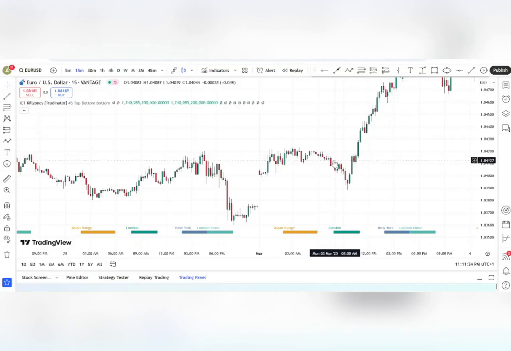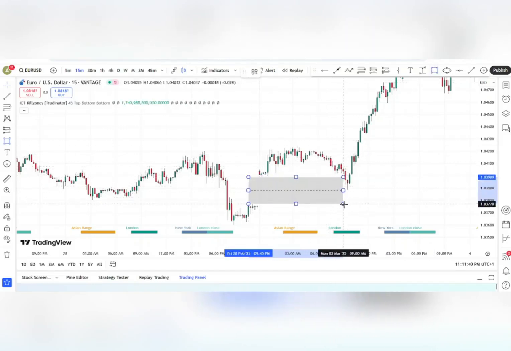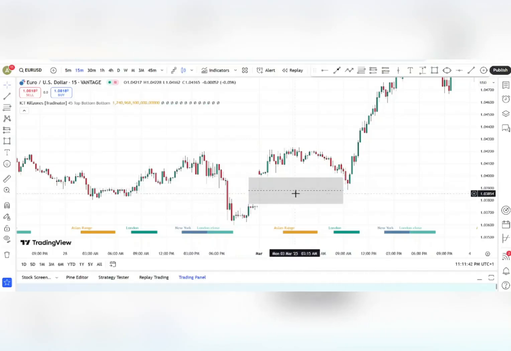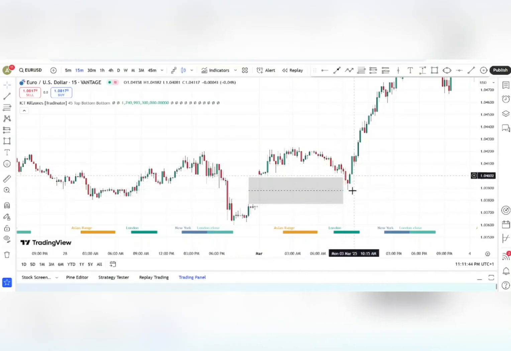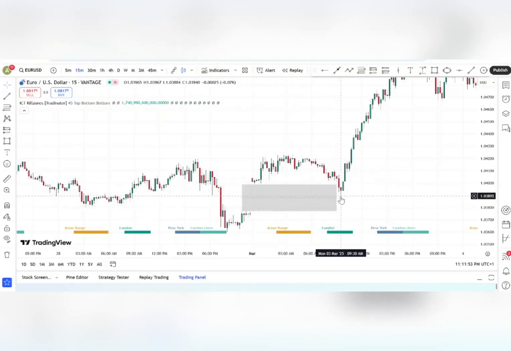I want to see a kind of raid, a kind of manipulation, right? Looking at this imbalance is something for me to watch out for. I want to see price fill this, because if price fills this, then maybe I want to catch an opportunity up, right? Seeing the market tap into this makes sense to me. So this is a raid, manipulation.